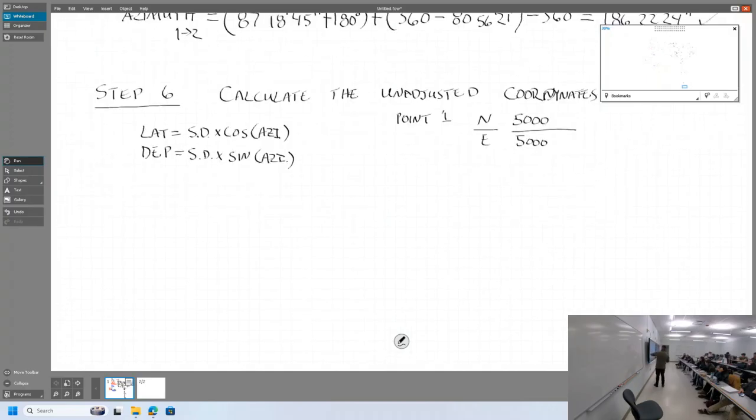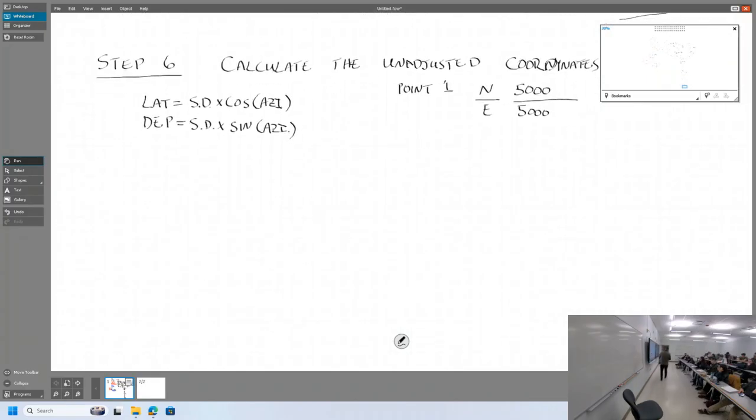So, looking at this information, we have our given information. If we look at the notes, we have the slope distance from 1 to 2, and all the slope distances are listed here on the sketch as well.